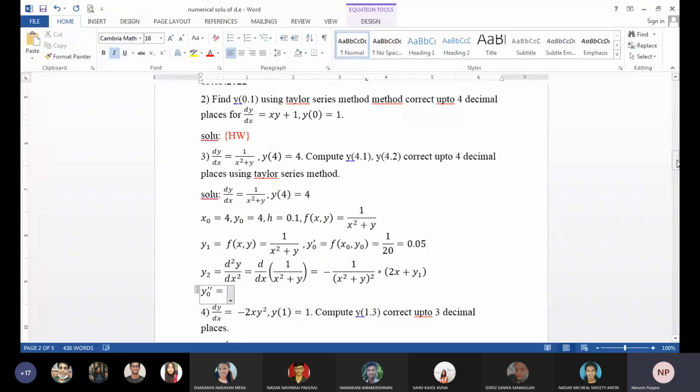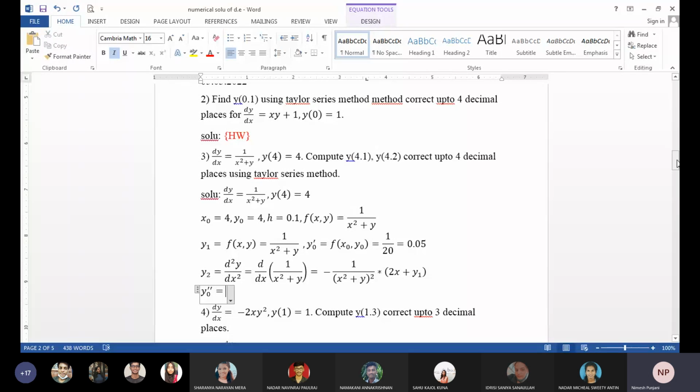Y0 double dash is nothing but second order derivative when x is equal to x0. तो ये जो अभी हम लोग ने कैलकुलेट किया -2x plus y1 divided by x square plus y the whole square. इसका वैल्यू when x is equal to x0, तो क्या मिलेगा मेरे को ये?